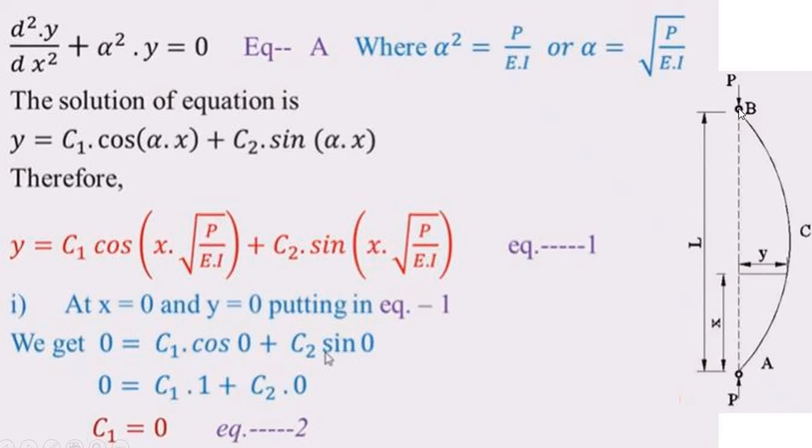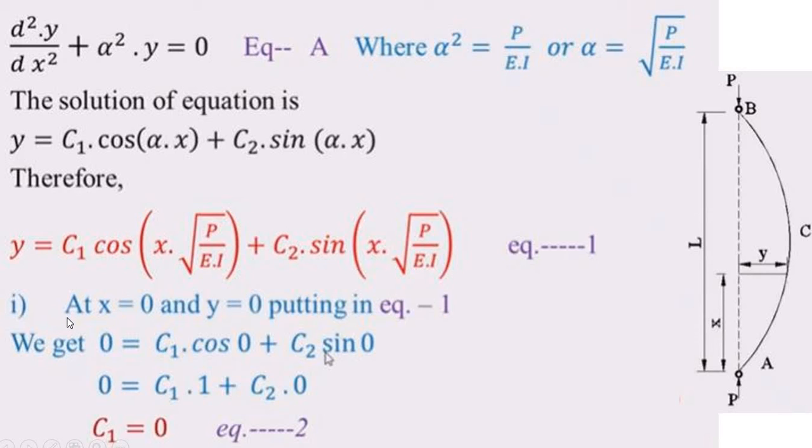So when it reaches point B, y will become 0. So at the end B, the value of x is equal to capital L, and the corresponding value of y is equal to 0.